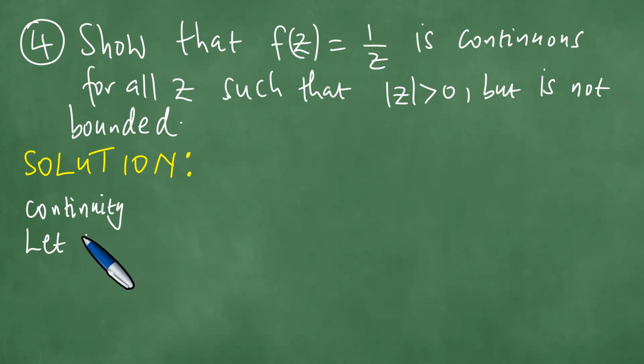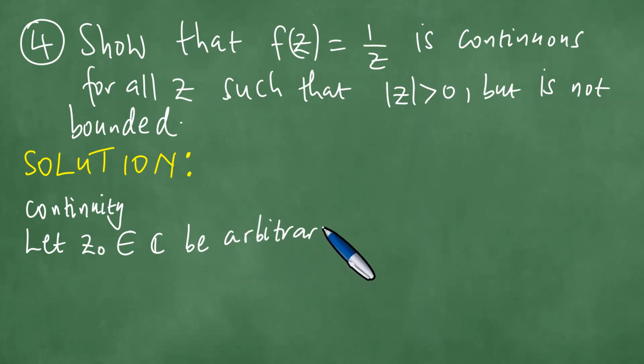We let z0 be a complex number. Let z0 and c be arbitrary.